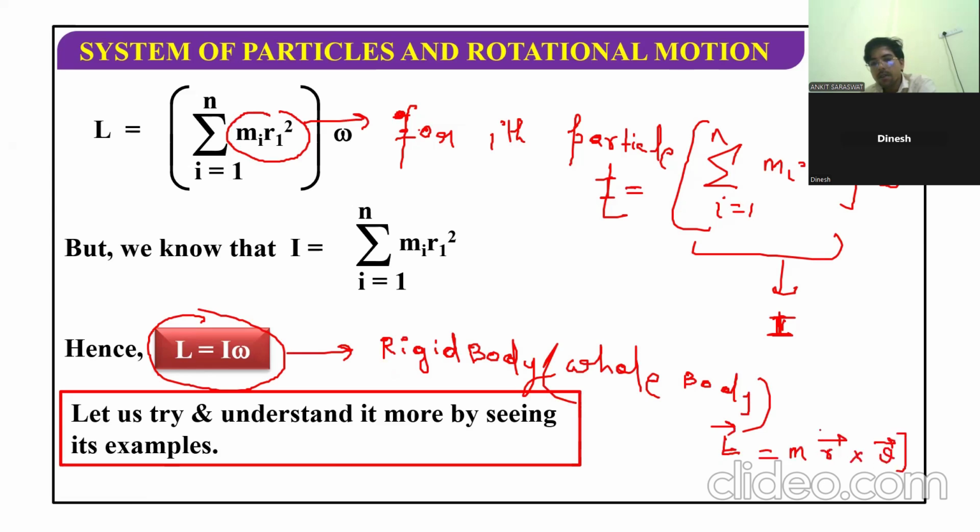Am I audible now? This formula you should apply, m r cross v, for a particle. And the direction, I think you remember, you have learned the cross product, r cross v. Clear? So L is equal to I omega, and L is equal to m r cross v. You should learn this.